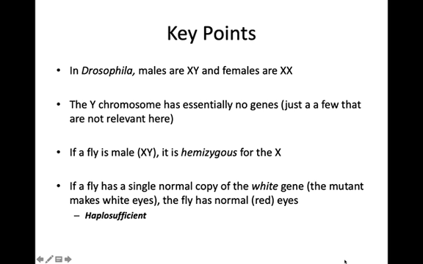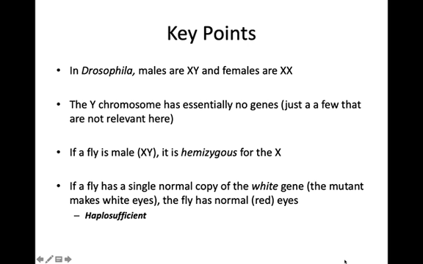But in both humans and Drosophila, the Y chromosome basically has no genes on it. It has a couple, I want to be clear. It has a few, but for the purposes of this class, we can just say that there's basically no genetic information on the Y chromosome.